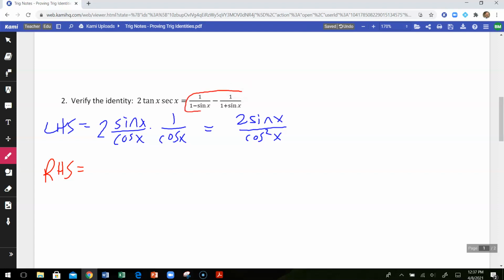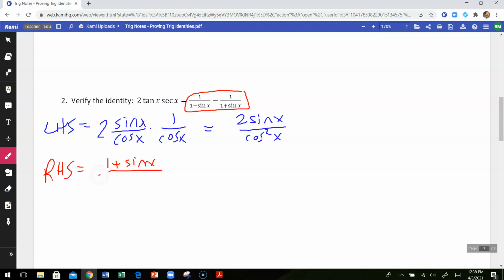So if I was starting with the right side, we're subtracting fractions here, so I need to get a common denominator. And to do that, I'm just going to have to multiply each denominator by the other one. Now, because my numerators are 1, that means my numerators are going to become the other denominator. So my fraction on the left, I'm going to multiply by 1 plus sine x, which means my numerator is going to be 1 plus sine x.